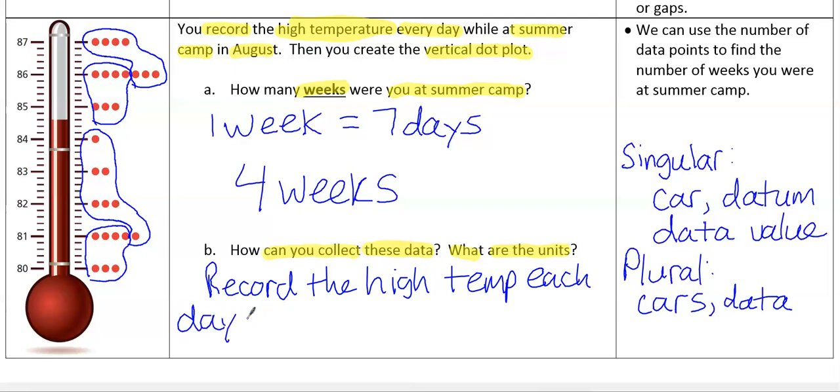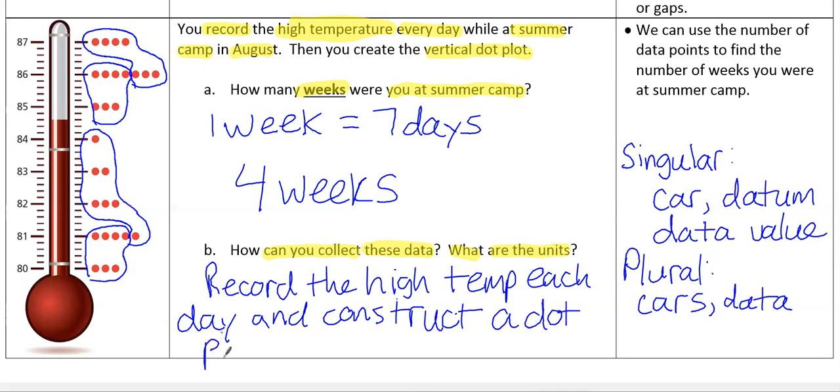And then construct a dot plot. That's what we just did. And we used a vertical dot plot, but we could have used a horizontal dot plot as well. So we collect the data and we display them.